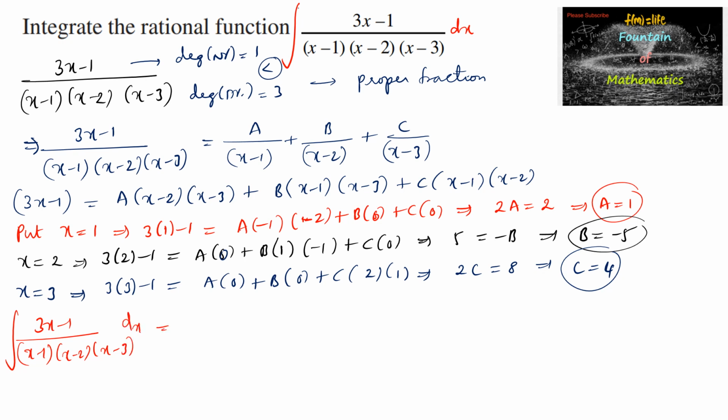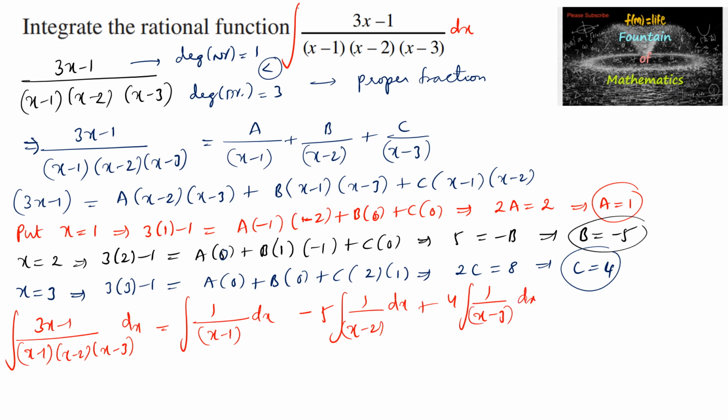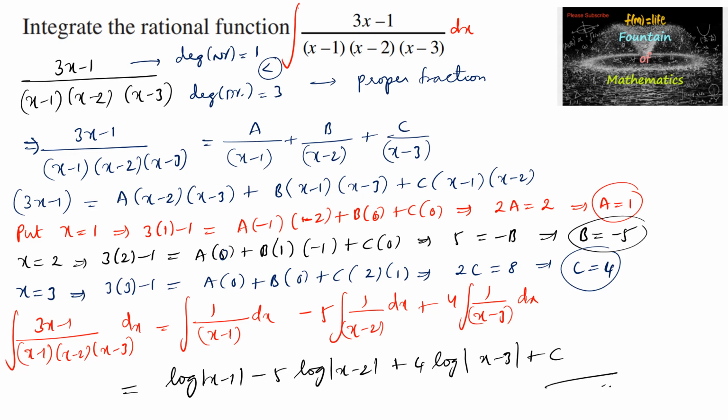We can write it as a, that is integral 1 upon x minus 1 dx, and b is minus 5, so minus 5 times integral 1 upon x minus 2 dx, and c is equal to 4 times integral 1 upon x minus 3 dx, which is equal to log mod of x minus 1 minus 5 times log mod of x minus 2 plus 4 times log mod of x minus 3 plus c is the answer.